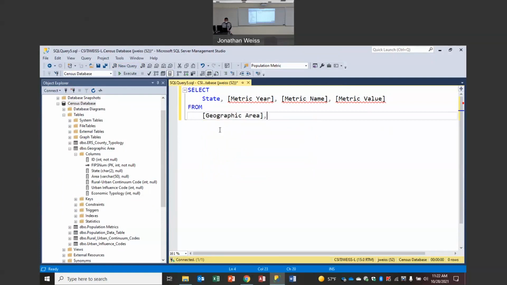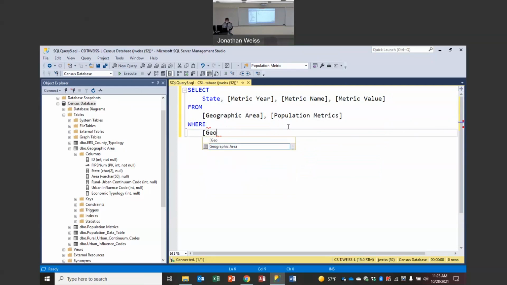Once again, my goal in this assignment was not for you to have to know the join syntax, so this was part of the introductory SQL. We learned the join after that, but if you used the join syntax, that was fine as well. But once again, these things are related on geographic area.fipsnum equals population metrics.fipsnum.